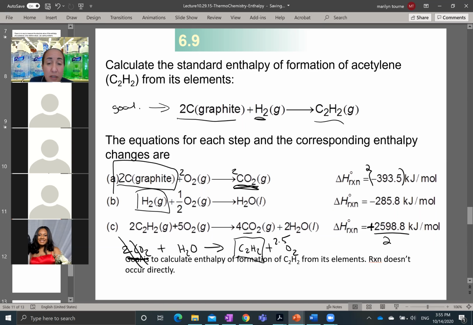So here's your 2 moles of CO2 on the right, so that can cancel. What else can cancel? And by the way, remember, this doesn't exist anymore because we flipped it, right? So don't get confused by that. We're just looking at 1, 2, 3.